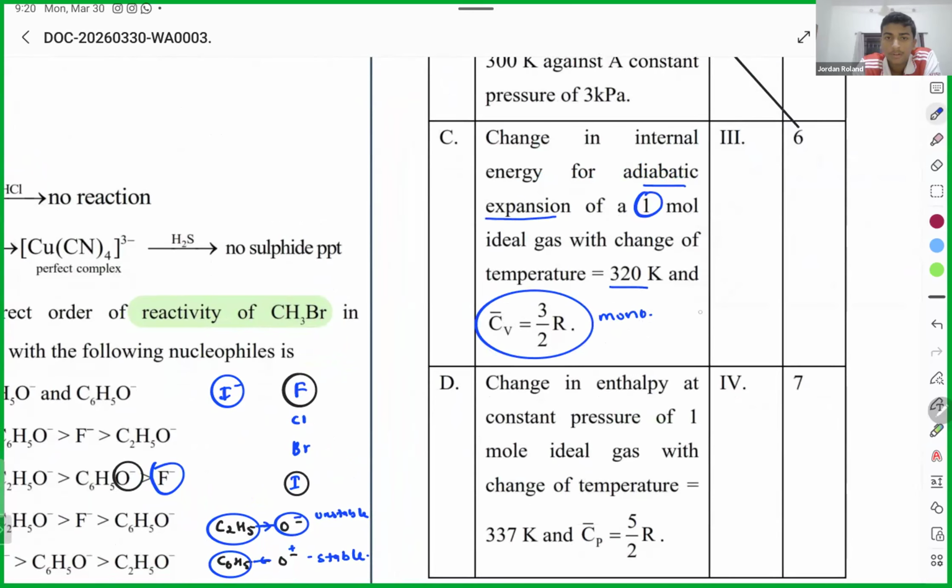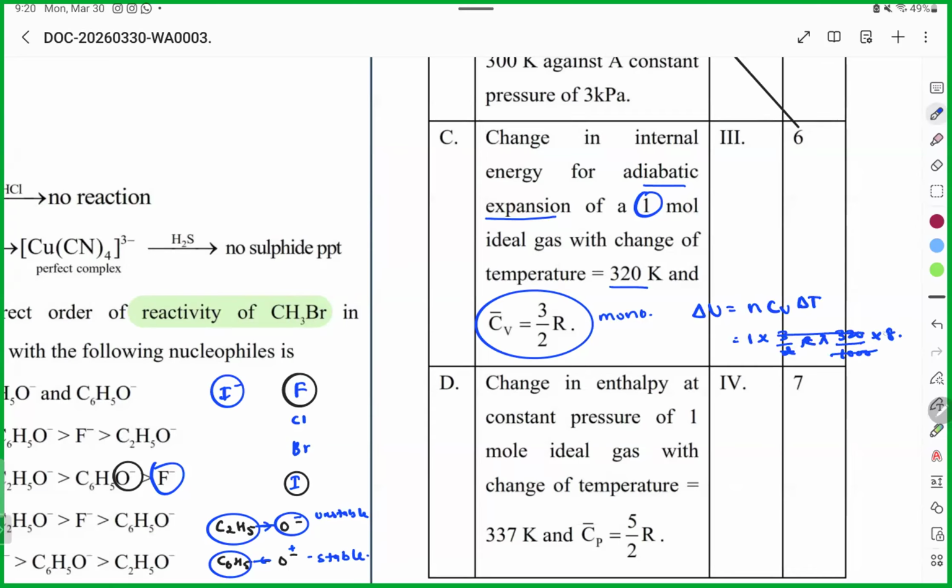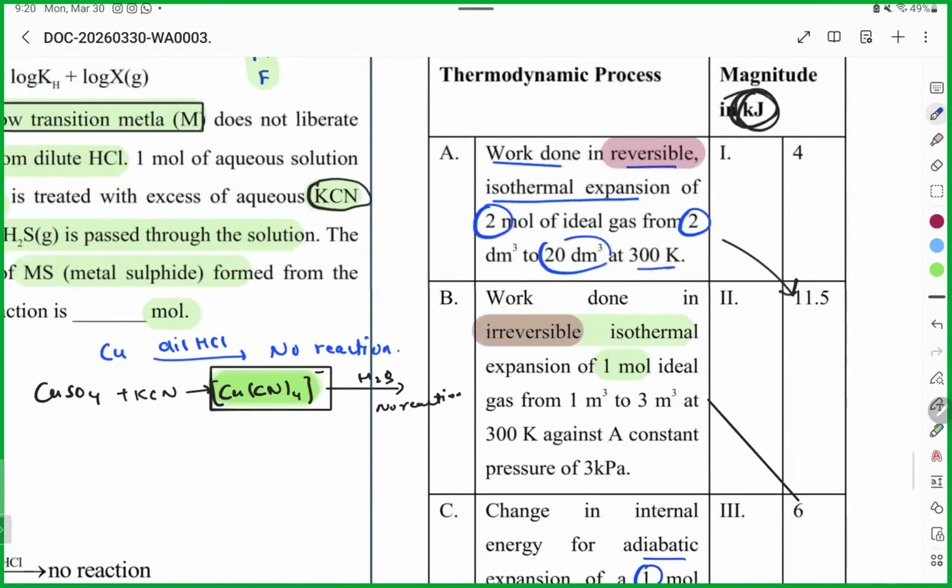And the formula for change in internal energy is n CV delta T. So N value 1, what is CV value? 3 by 2 R. And what is the change in temperature? 320. Divide by 1000, because we have to take in kilojoule, and R value you have 8 point something. So 3, this will be almost equal to 1000. This will be about 4. Do you have 4 something?